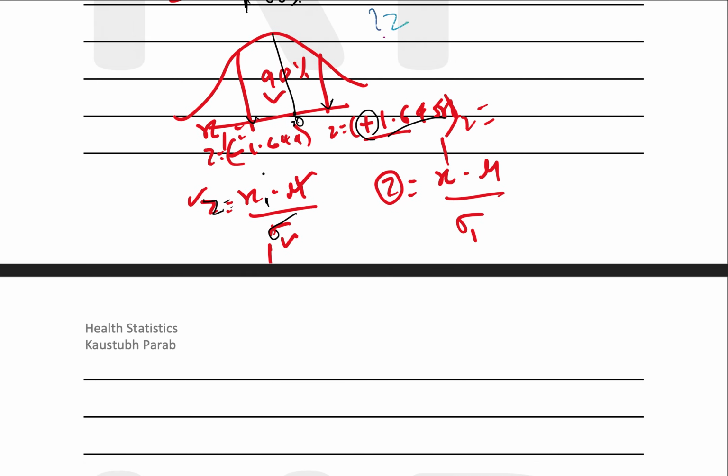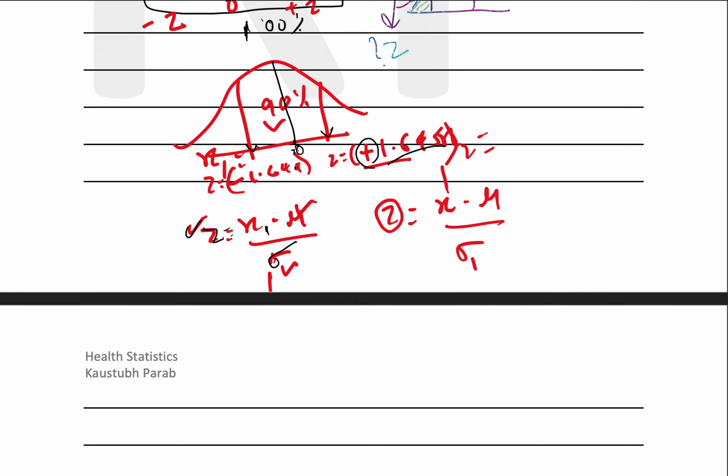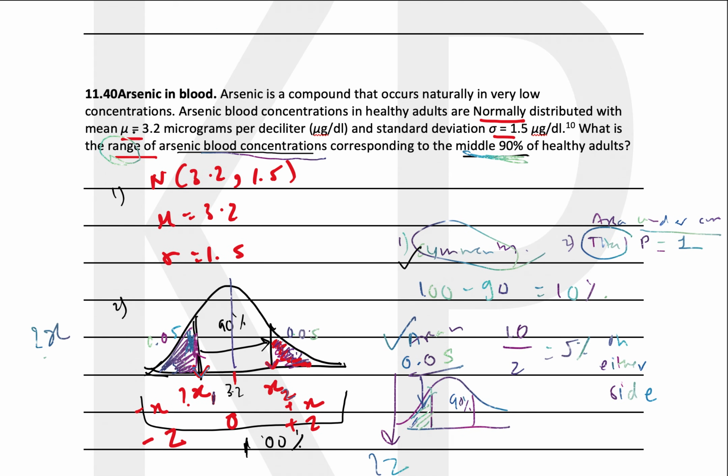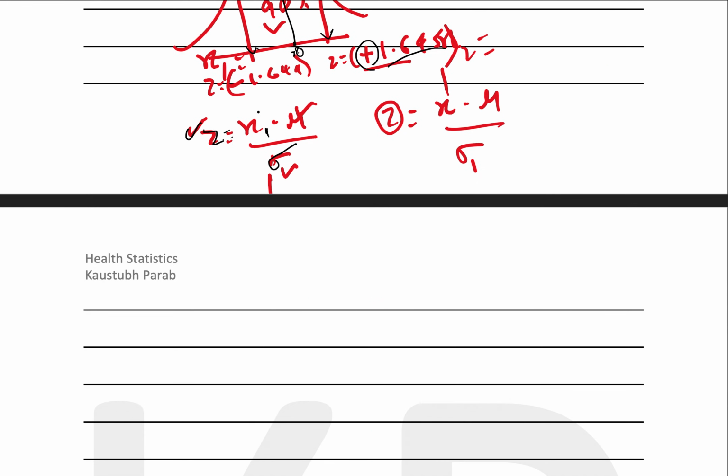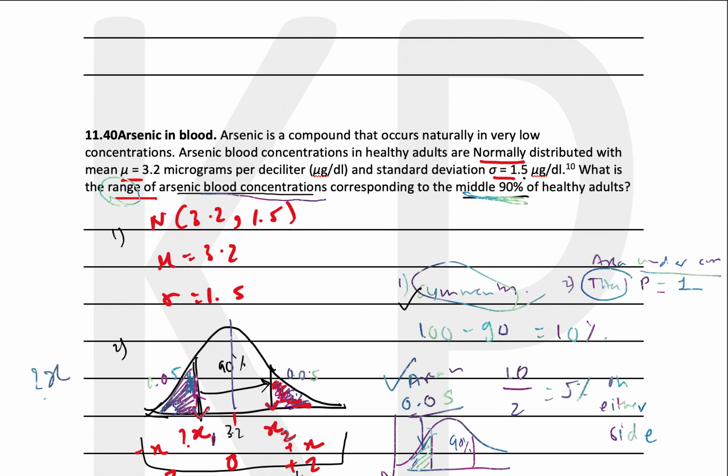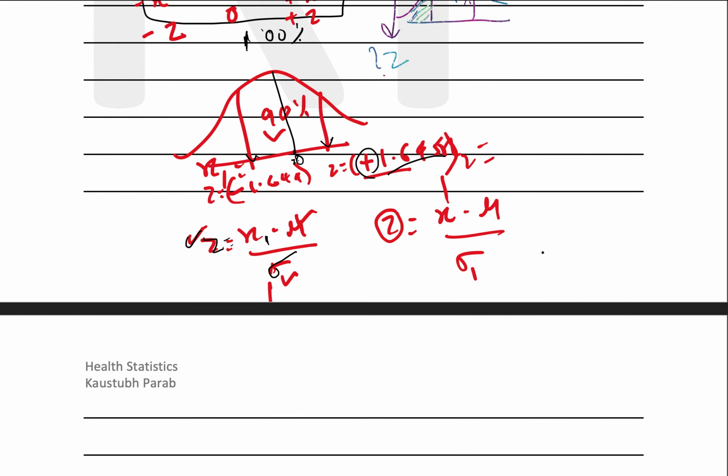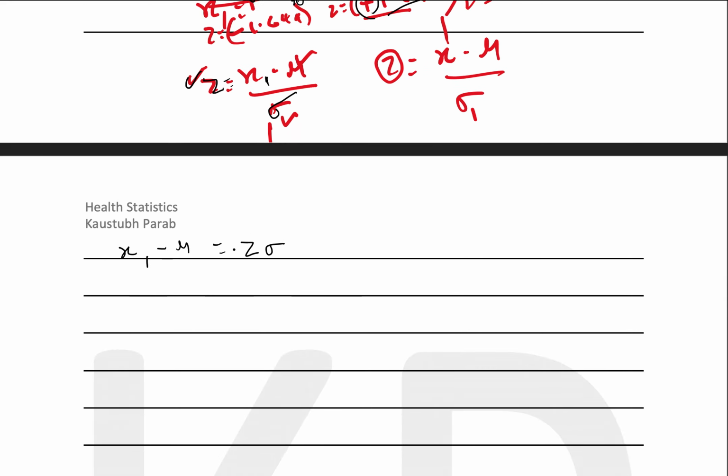So basically you have to find this x1, but you do know the z-score, that's negative 1.64, and you also know the mean for x is 3.2, and sigma for the x distribution is 1.5. So basically you know everything but the x, right? So you can just solve that by rearranging the equation. So x1 minus mu is going to be equal to z times sigma, and then x1 is going to be z times sigma plus mu.